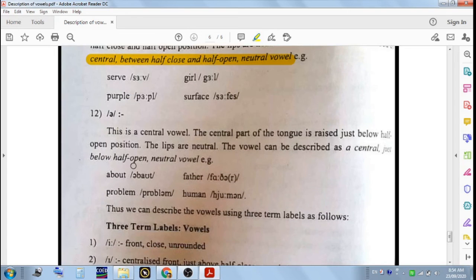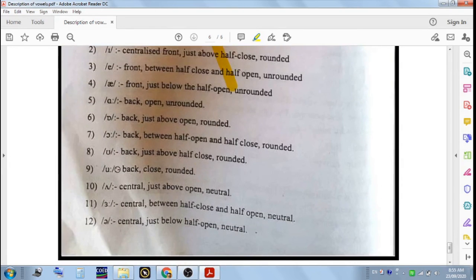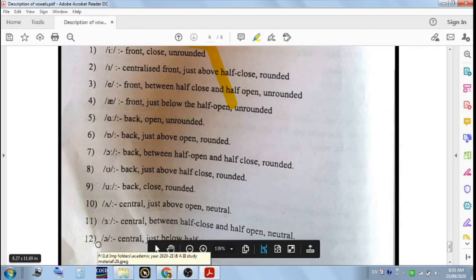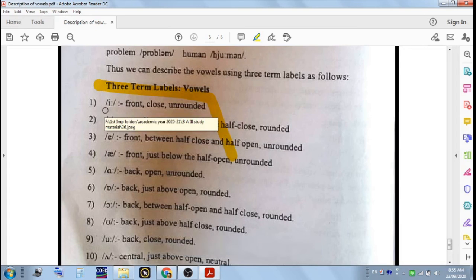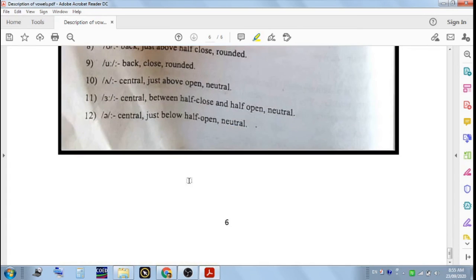This sound is there, the description of it, central just below half open and neutral vowel. So these are the three term labels of each pure vowel sound. The number of them is 12. You have to remember this description because in objective type questions the description is asked as the three term labels of the vowels. Okay, thank you.